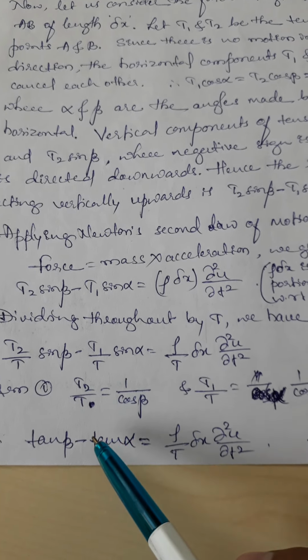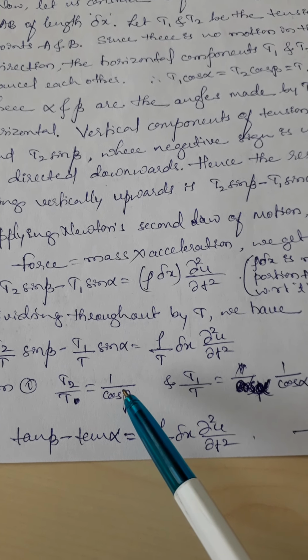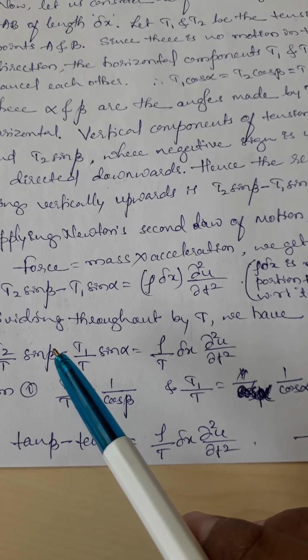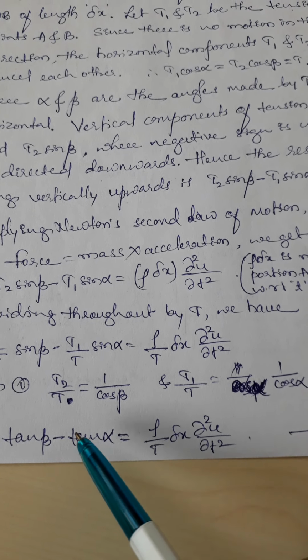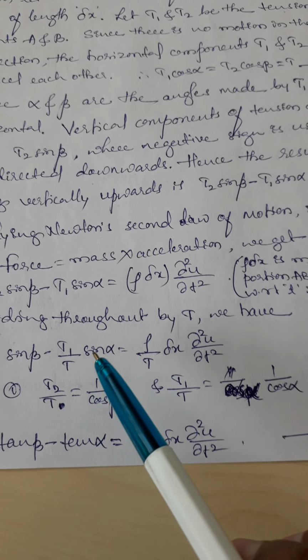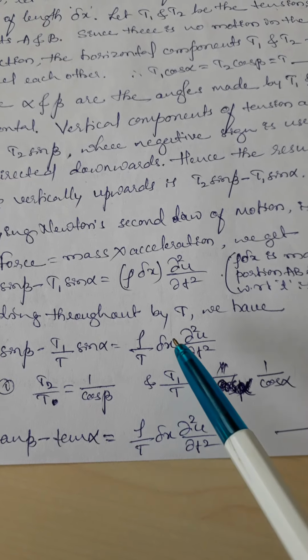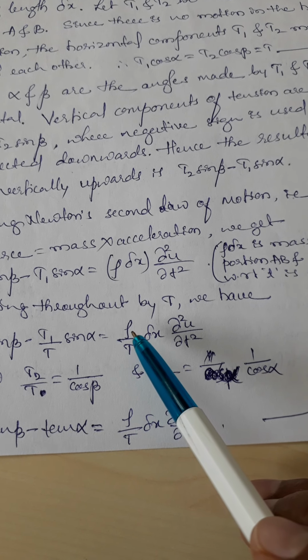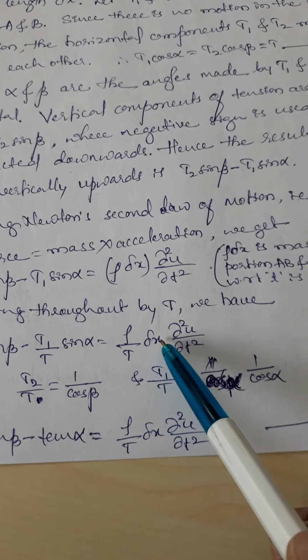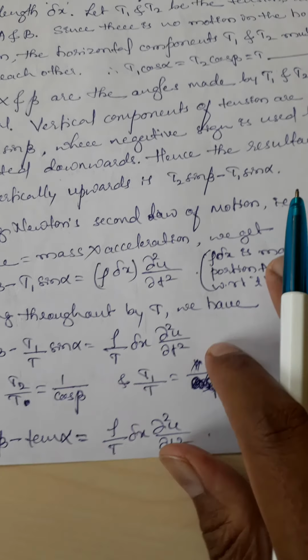Therefore, our equation becomes sin beta divided by cos beta, which is tan beta, minus sin alpha divided by cos alpha, which is tan alpha, equal to rho divided by T delta x times ∂²u/∂t².